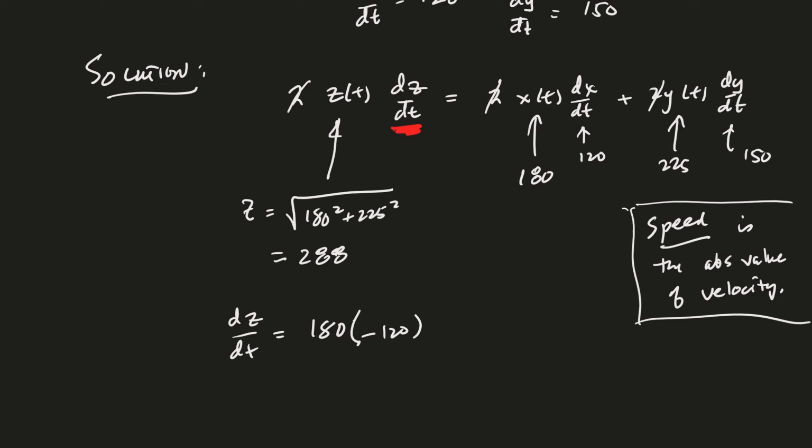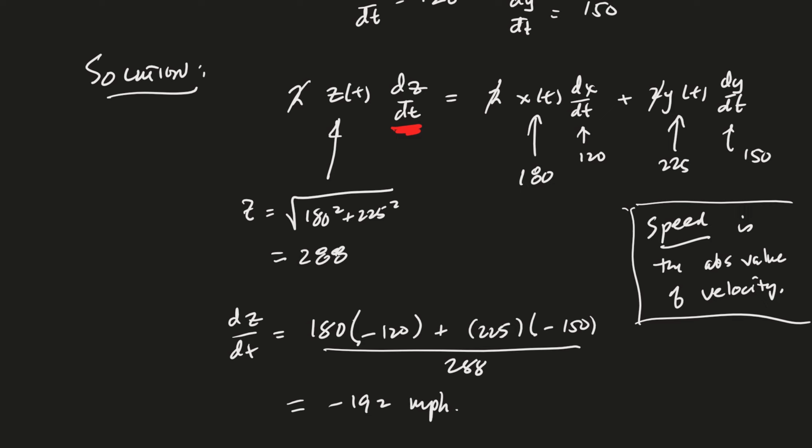You can interpret this as positive or negative later, but it's good to put the positive and negative signs in now, just so we don't forget. And that'll all be over 288. If we compute that, that's minus 192 miles per hour.